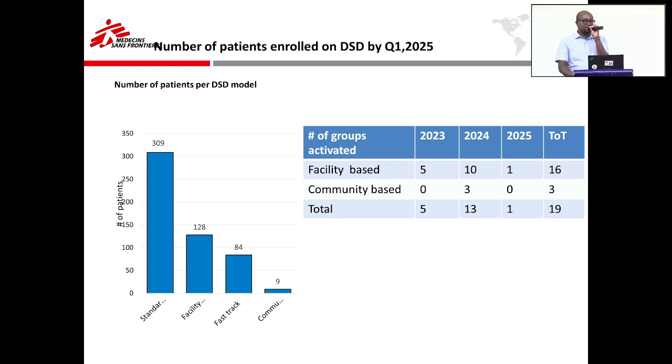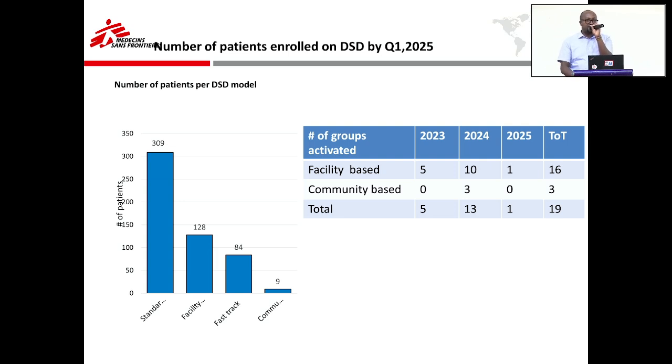That's what they told us. But the reason you see the high number is that once a patient is eligible for DSD, they are put in standard of care, awaiting whether they choose a facility-based group or a community-based one. So they're immediately put in standard of care.